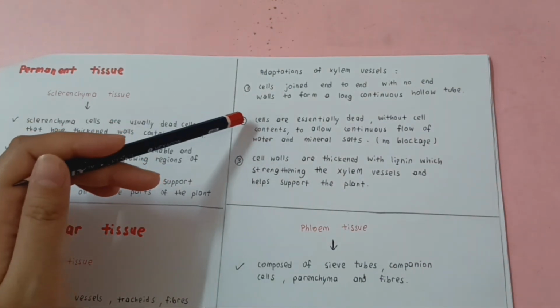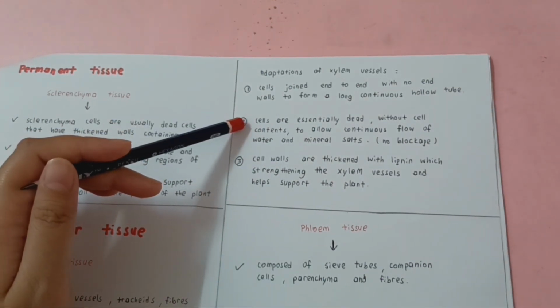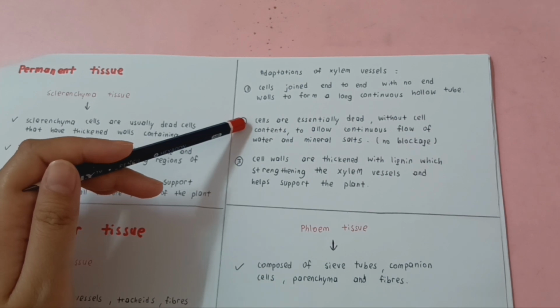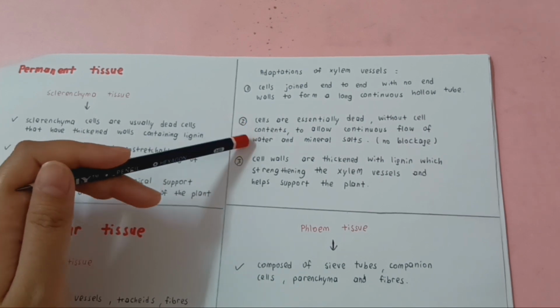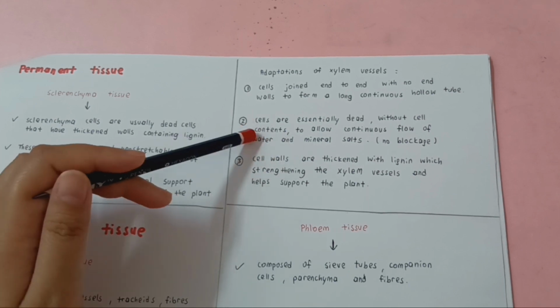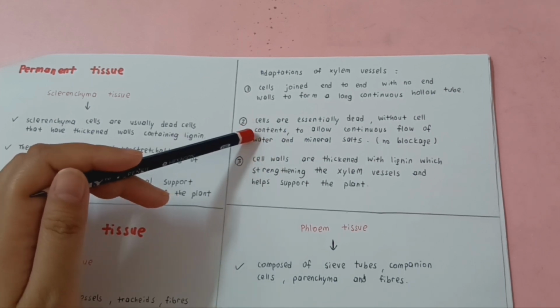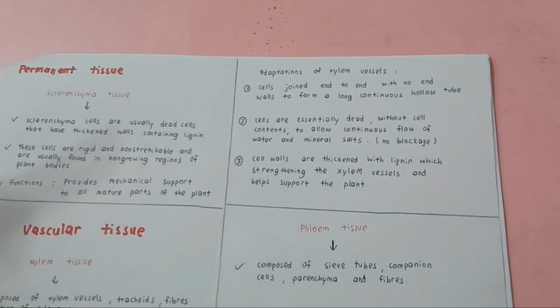Next, the cells are basically dead, so therefore there will be no more cell content to allow continuous flow of water and mineral salt. Again, this is to maximize the flow of substance within the xylem tissue, so that the flow of water and mineral salt can be increased.